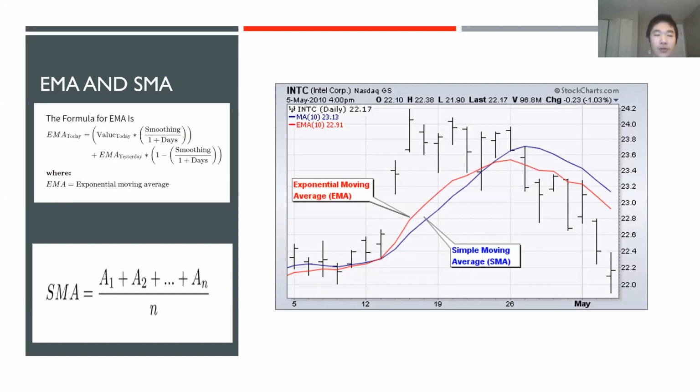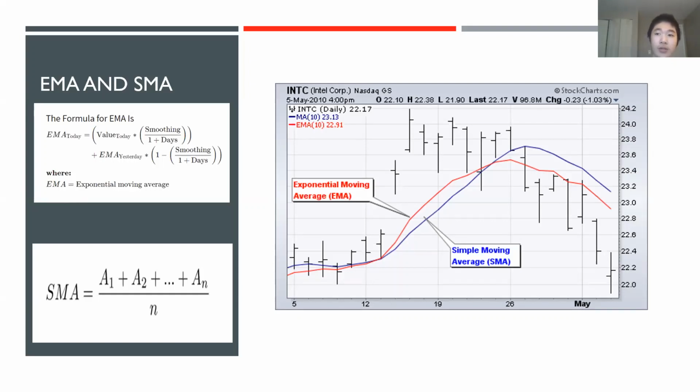What I have for you, another one, is the exponential moving average. If you look at the formula, it's a bit complicated, a bit intimidating, yes, but it says value today, which is the current price, times the smoothing over 1 plus days, which is basically a multiplier, where smoothing is equal to 2, just to smooth out the formula, plus the previous EMA, the previous exponential moving average, times 1 minus multiplier.